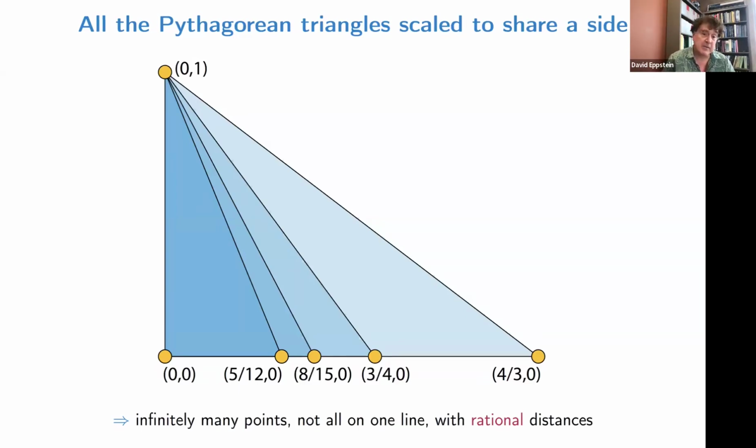And so we have infinitely many points with rational distances that are not all on one line. There's one of them that's not on the line. And you could put another copy of this top point reflected across the axis below the line, and now you have 2 points that are not on a line and everything else on a line. So not quite everything all on a line, but close.